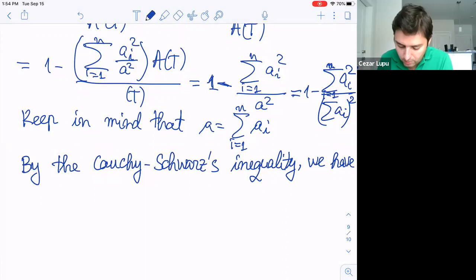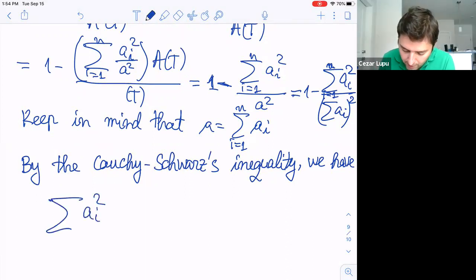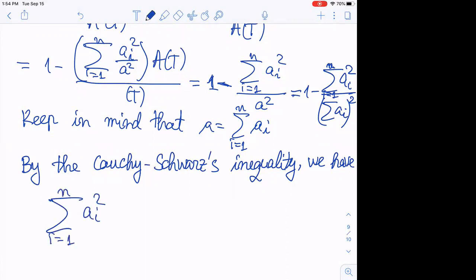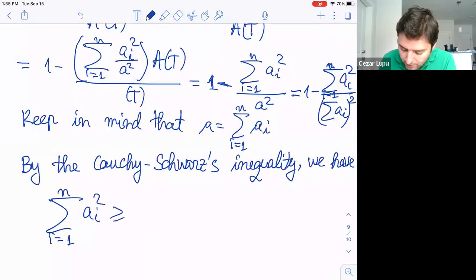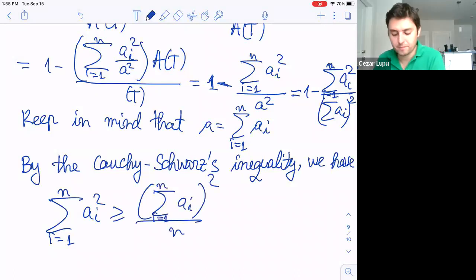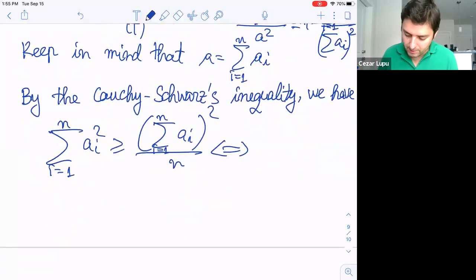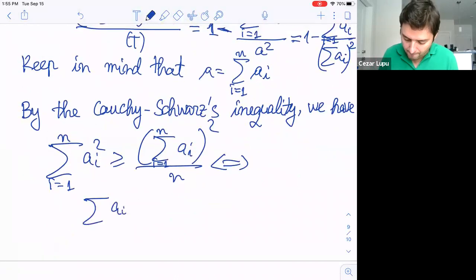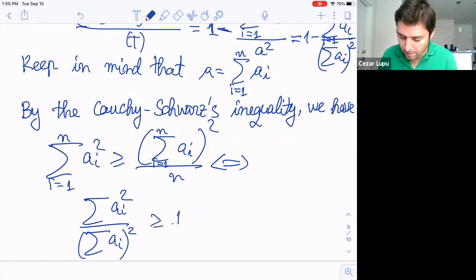Actually, wait. What do we know? We have that the sum of A_i squared is greater or equal than the square of the sum of A_i over n, right? Keep in mind we have this n here. So this fraction, if we write it equivalently, is greater than 1 over n.